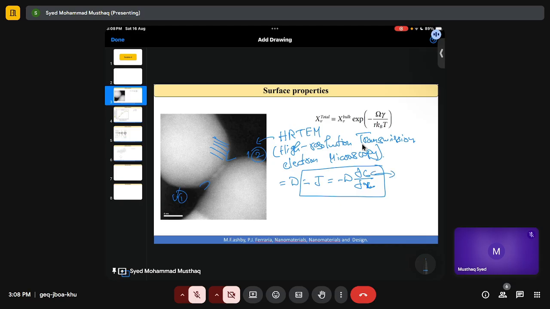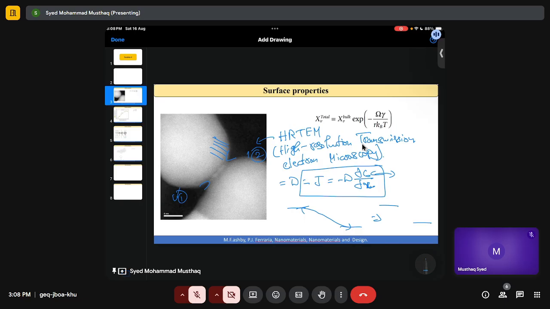Concentration gradient means somewhere you should have high concentration and somewhere low concentration. Only then does the movement from high concentration to low concentration happen. It's just like the flow of water. If you want water to flow from one place to another, that water should have high potential energy or high kinetic energy to flow, right?